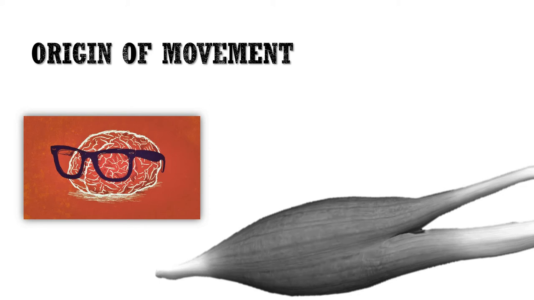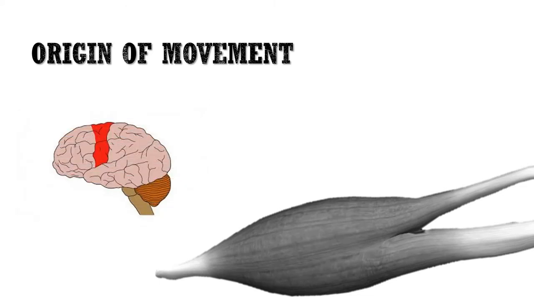Now, movement comes from various regions in the brain, but one of the most important is the motor cortex. Motor, whenever you hear that word, really refers to movement in human physiology and anatomy. And the motor cortex is this region here highlighted in red.